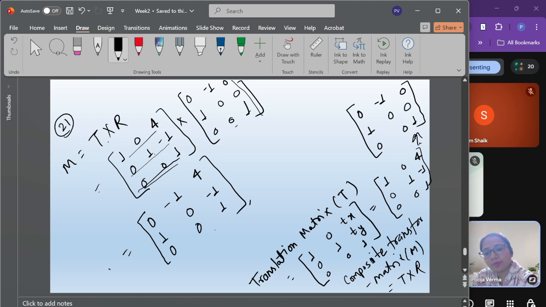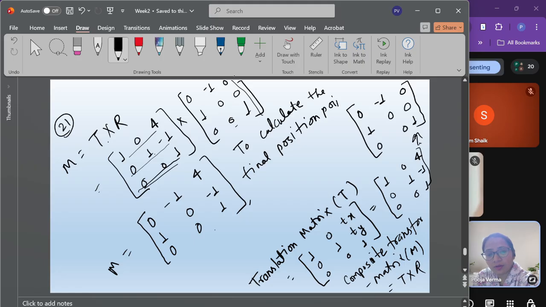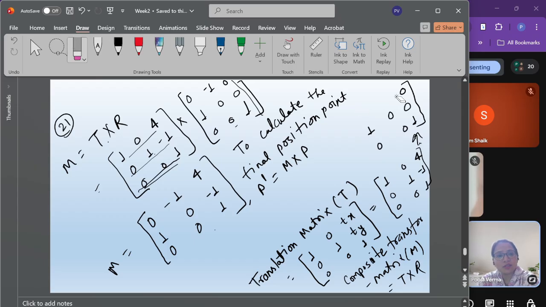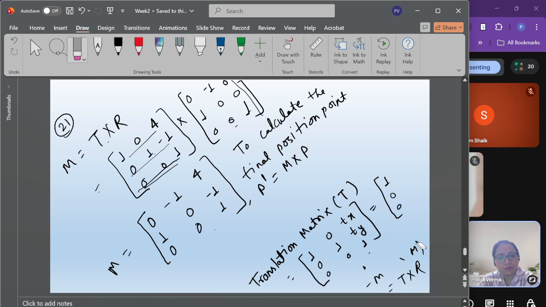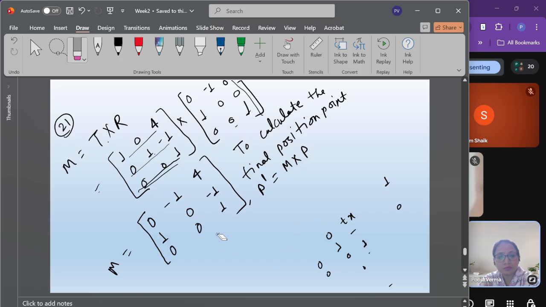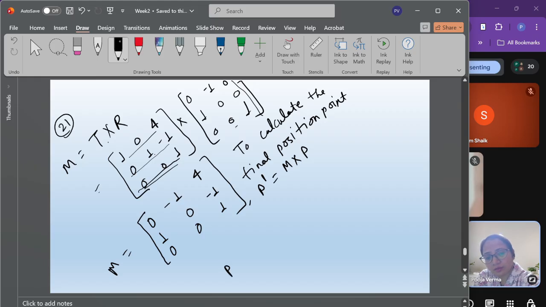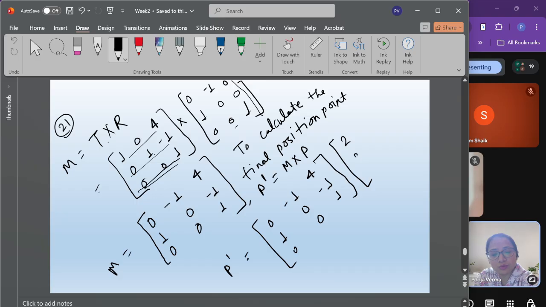Now to calculate the final position point, let's say P dash, P dash is M into P. Multiply this matrix 0 minus 1 4, 1 0 minus 1, 0 0 1 by the given point 2 3 1.